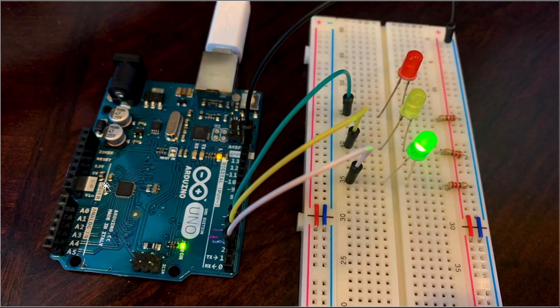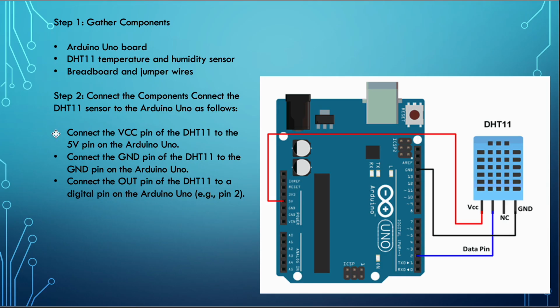Now I think you are familiar with breadboard, jumper wires. Step number 2: connect the components, connect the sensor to the Arduino as follows. Yes, we looked at the diagram, right? Here we connected to pin 2 in this example, right?